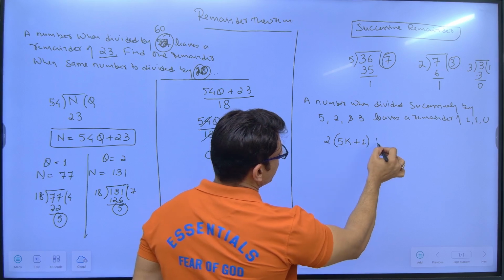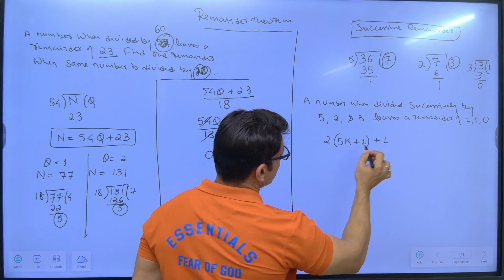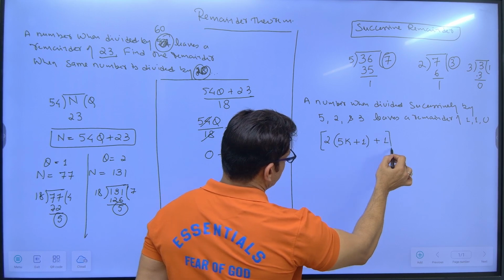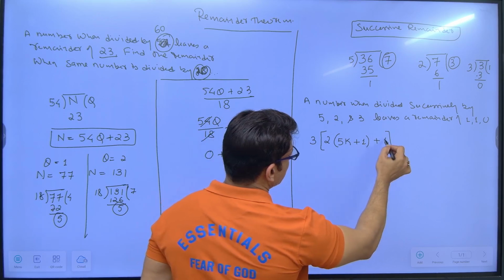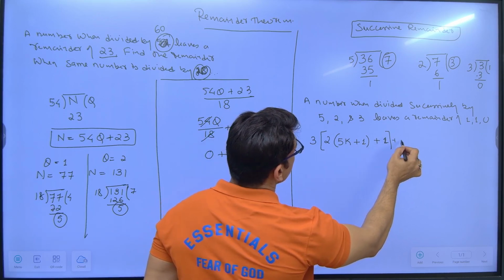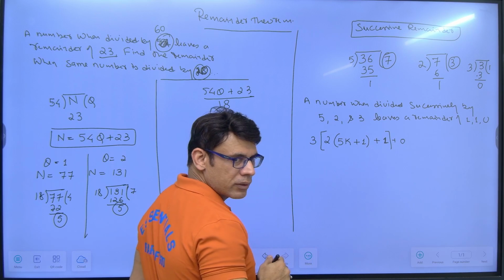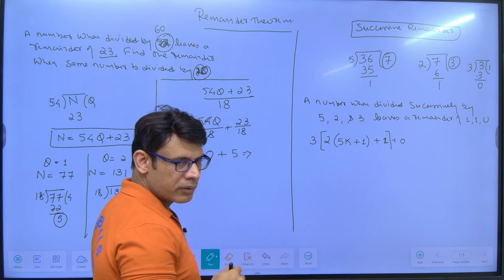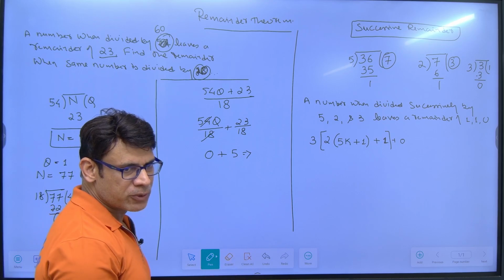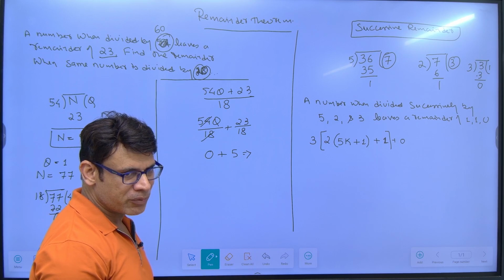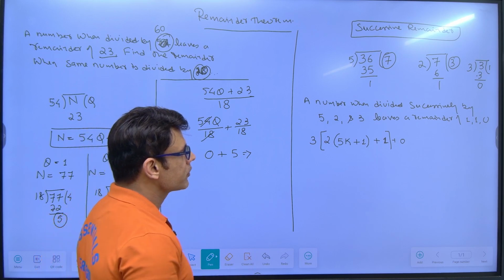And dividing with 2, what is the remainder? Again 1. And multiply this again with 3. And remainder is 0. Respectively, it has to be, otherwise the remainders will change if I change the order. So 5, 2, 3.